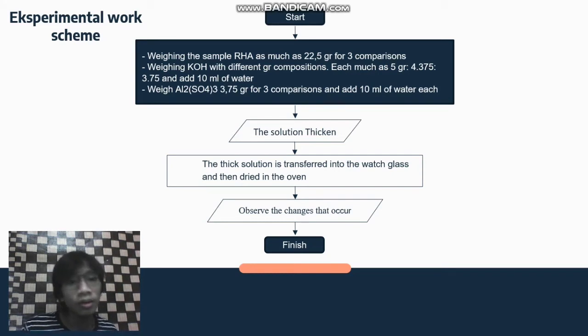Weigh aluminum sulfate, 3.75 gram for the comparisons, and add 10 ml of water each.